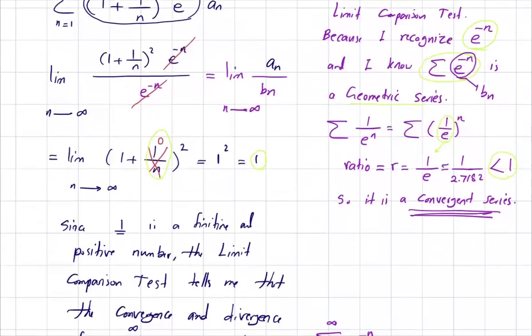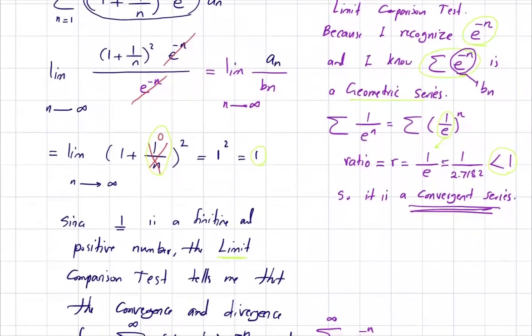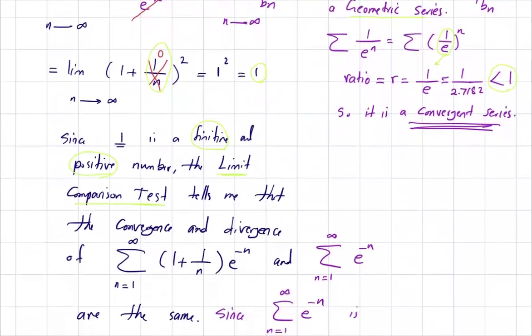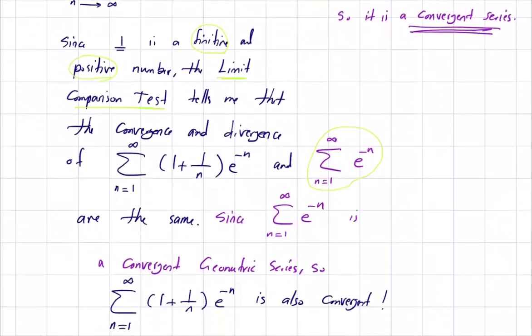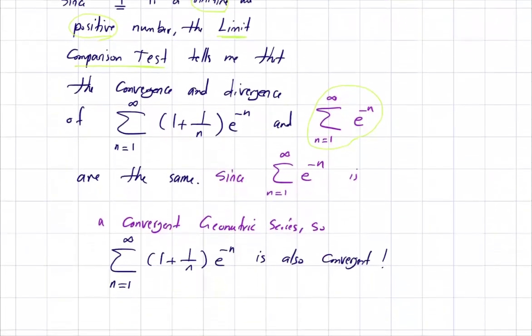Based on the limit comparison test, since 1 is a finite and positive number, it tells us both series are convergent or both are divergent. But since the geometric series is convergent, you for sure can say that my series 1 plus 1 over n, e to power negative n starts from 1 to infinity is also convergent.